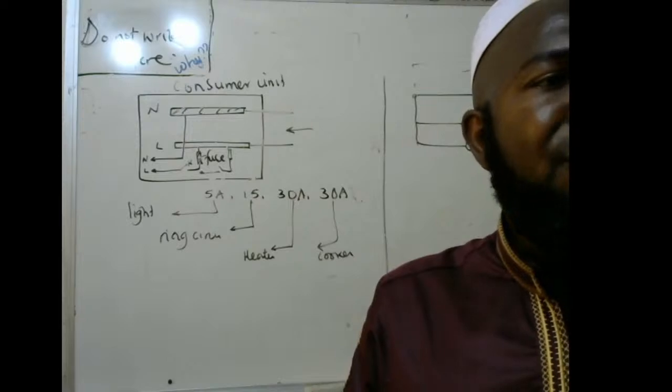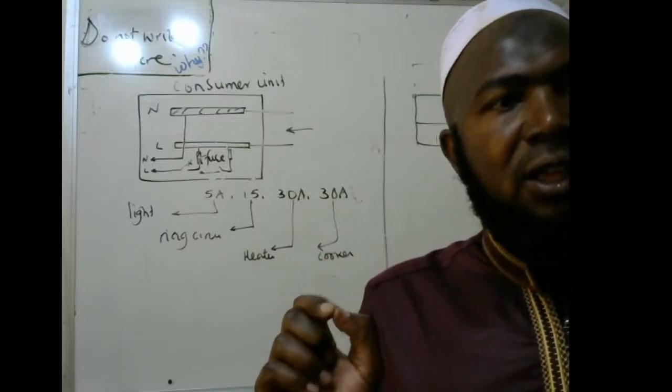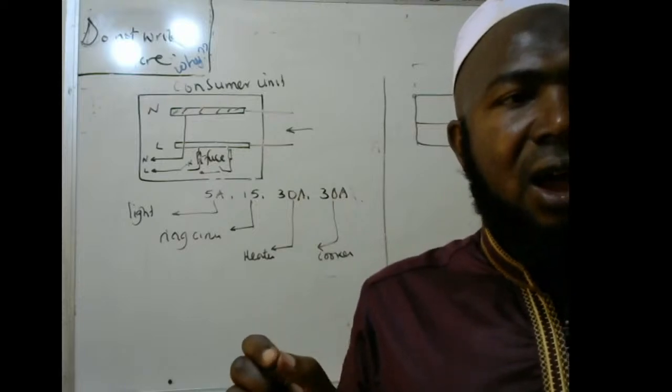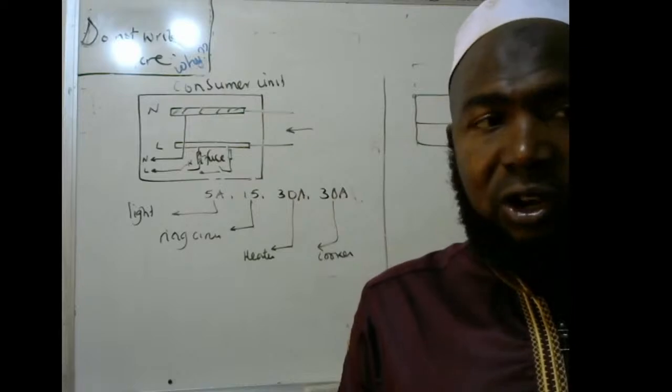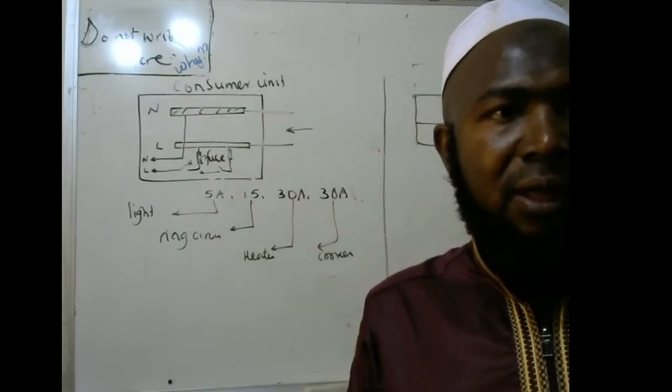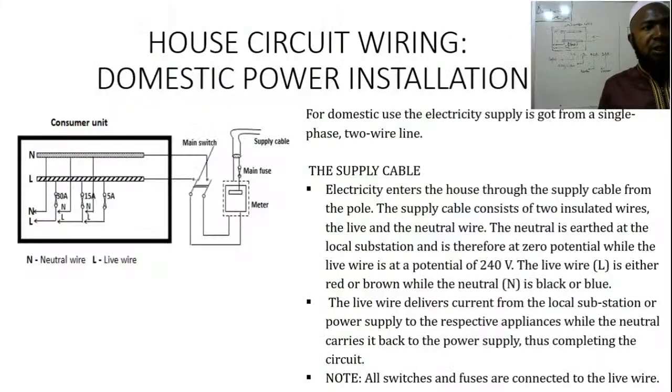Then the live wire is at a high potential of 240 volts, and the live wire is either red or brown in color, while the neutral wire is usually black or blue. So the live wire delivers current from the local substation or power supply to the respective appliances. The neutral wire carries current back to the supply, thus completing the circuit.